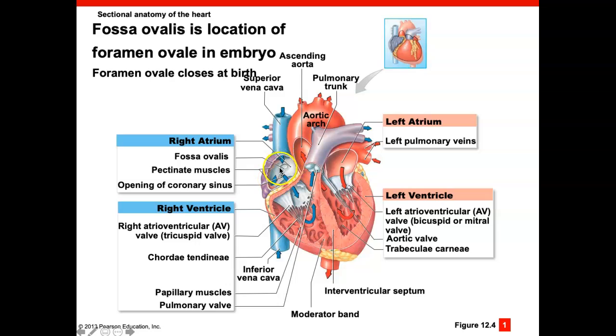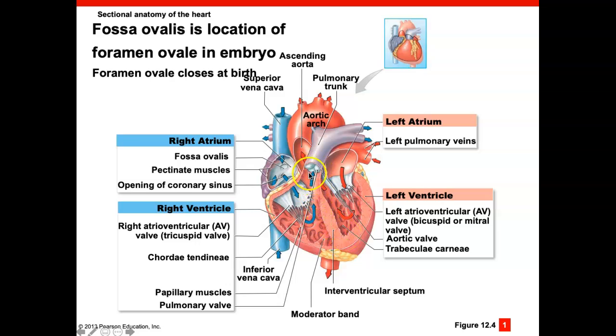So here's our right atrium. Blood flows through the tricuspid valve, tri before you bi. So we're following the blue deoxygenated blood to the lungs. You can see in the ventricles these ridges, they're called trabeculae carneae, that form the muscular ridges of the inside of the ventricles.